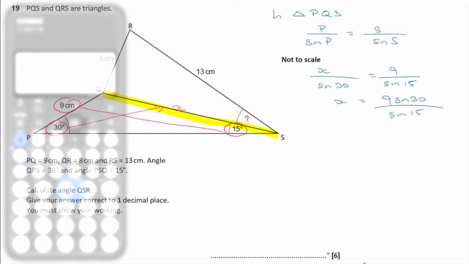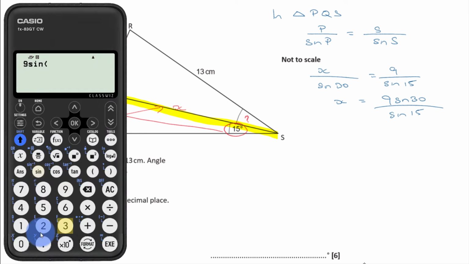So just tapping that into the old calculator. 9 sine 30 divided by sine 15, I make that 17.4. So X is 17.4. There's a little bit more than 17.4.